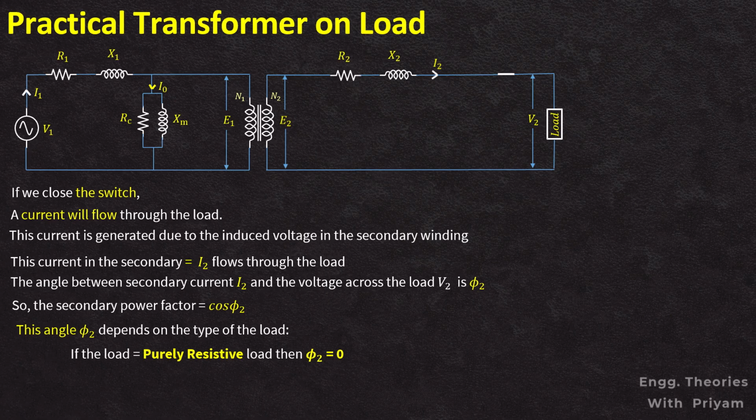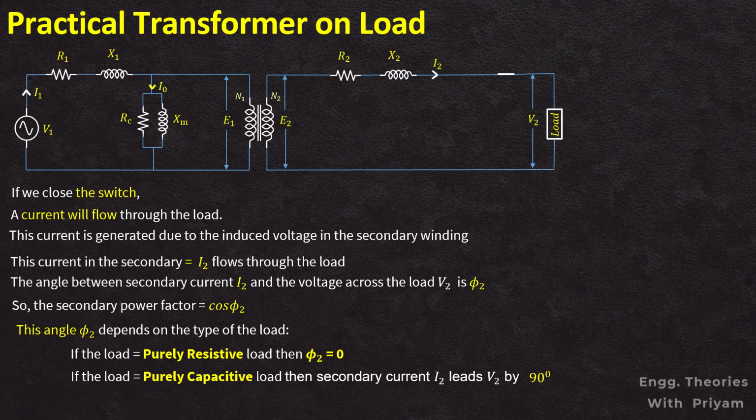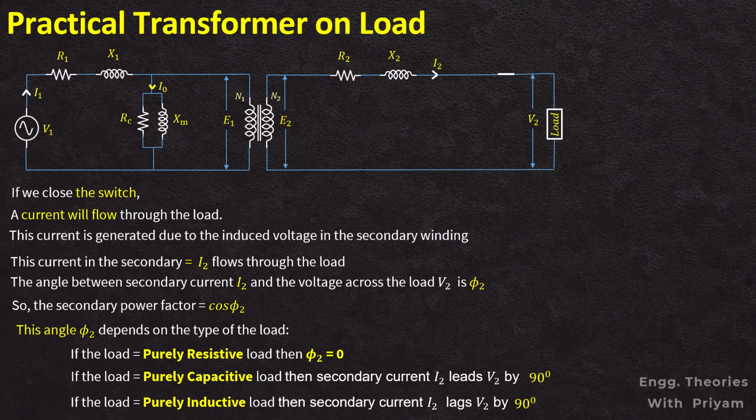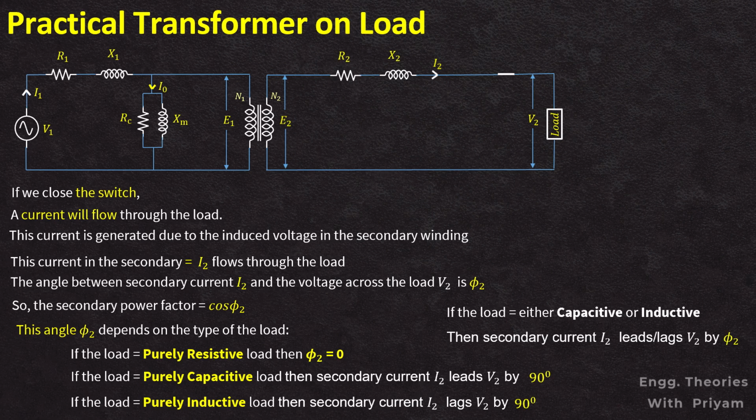If the load is purely resistive, then the angle phi 2 is equal to 0. If the load is purely capacitive, then the secondary current I2 leads the load voltage V2 by an angle of 90 degrees, and if the load is inductive, then the secondary current I2 lags the load voltage V2 by an angle of 90 degrees. If the load is not purely resistive, capacitive or inductive, then the leading and lagging will be by an angle of phi 2.